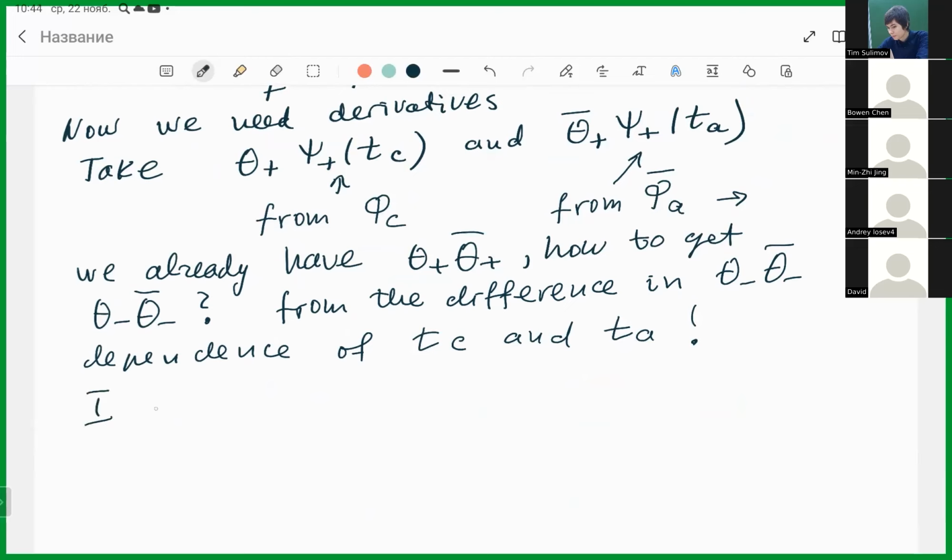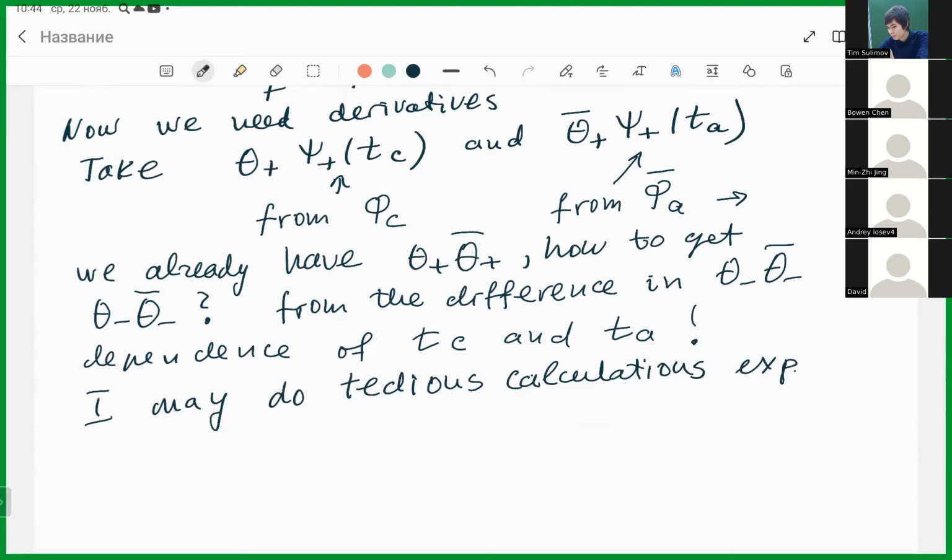So I may do tedious calculation, expanding psi plus of t chiral as psi plus of t, plus theta minus bar d psi over dt.